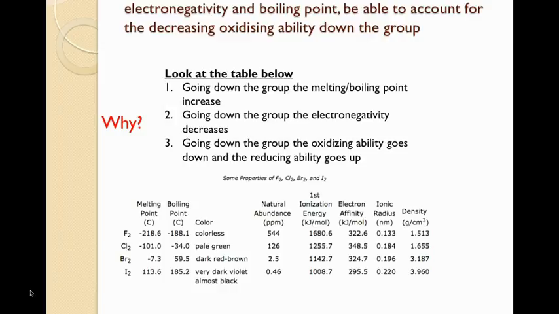Ionic radius goes up because of the increasing number of energy levels, and the density also goes up. You should be able to look at these tables and make predictions why this happens. We'll talk more about this in class. The following video will give you some ideas for the reasons for these trends.